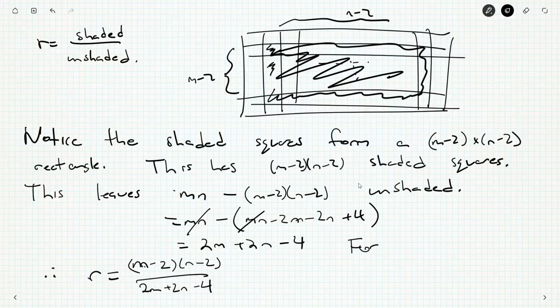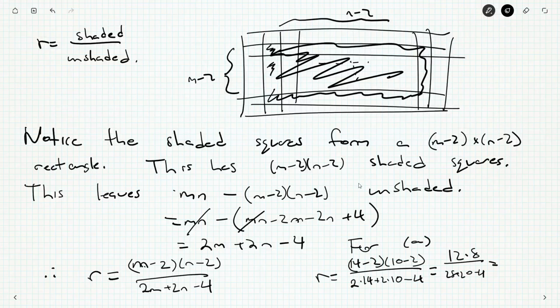So for A, R is 14 minus 2, 10 minus 2, over 2 times 14 plus 2 times 10 minus 4. That's going to be 12 times 8 over 28 plus 20 minus 4.